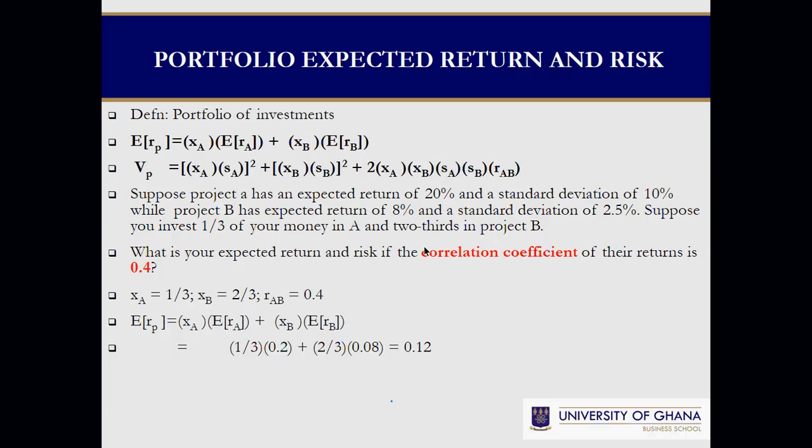It is basically the portion we are spending, 1/3, times its standard deviation. Let me just bring the 2.5% so that it saves space. All squared, plus 2/3, that's what has been invested in B, times its standard deviation.